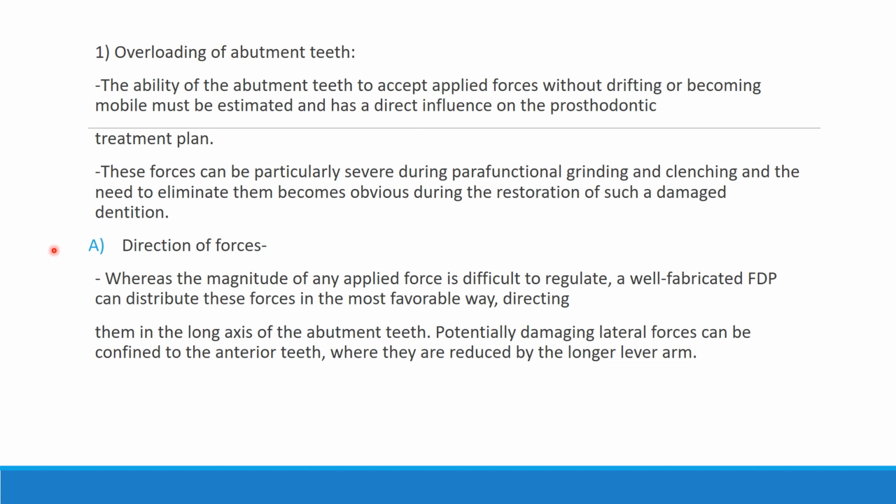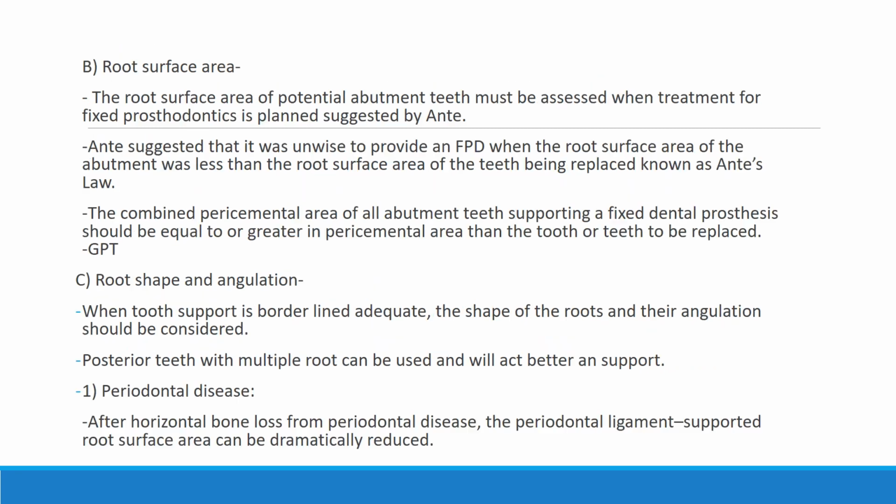Coming to direction of forces, whereas the magnitude of any applied force is difficult to regulate, a well fabricated dental prosthesis distributes the forces equally. Potentially damaging lateral forces can be confined to the anterior teeth where they are reduced by a longer lever arm, right?